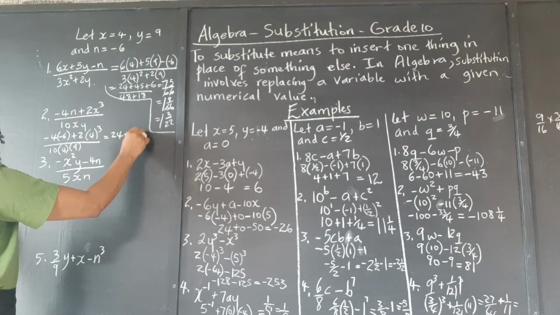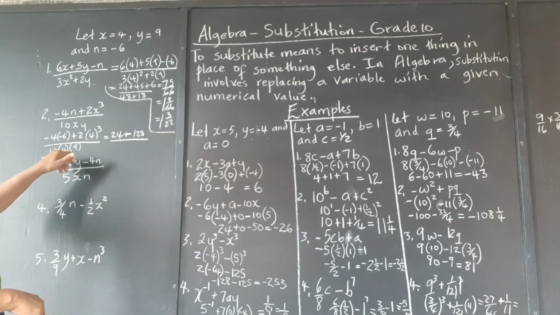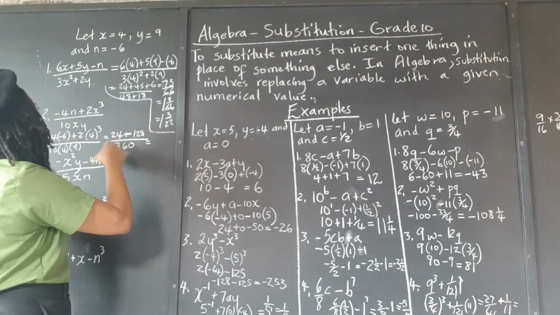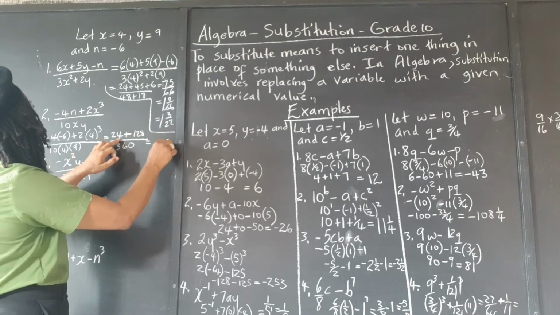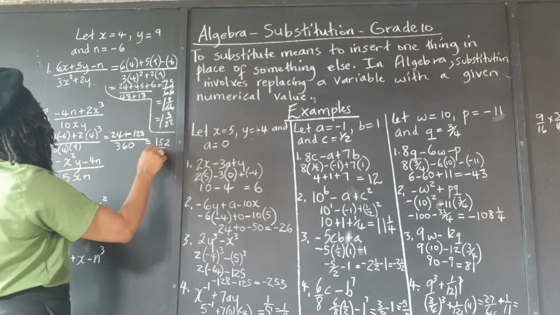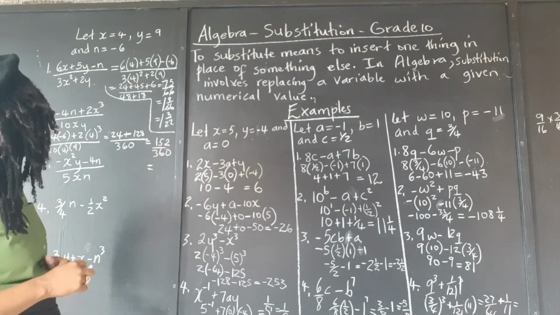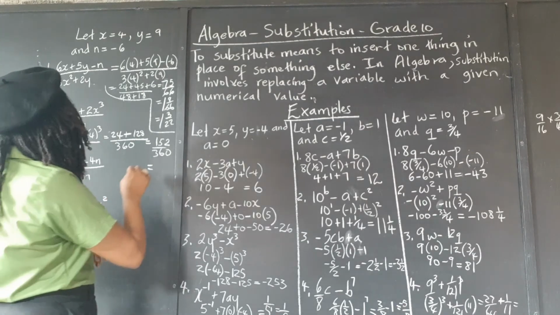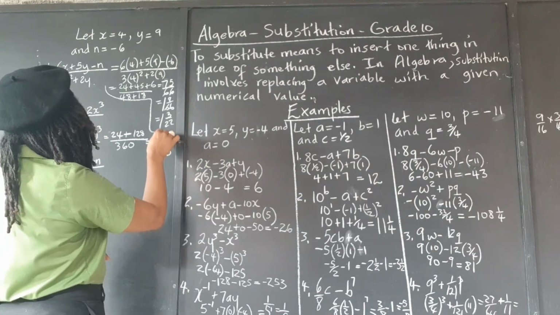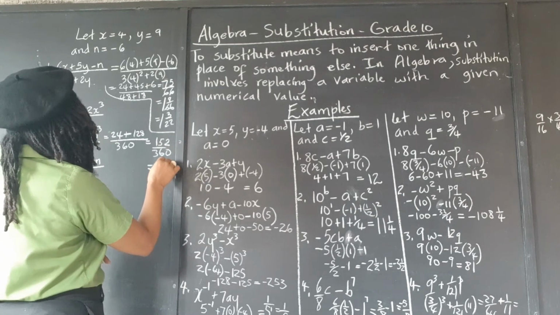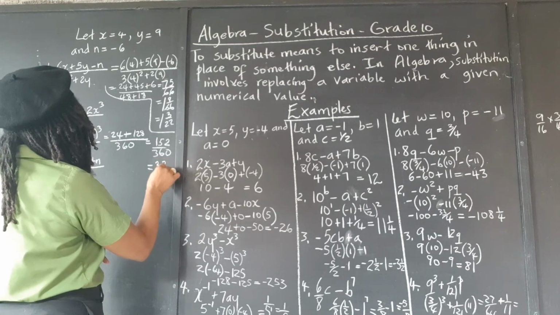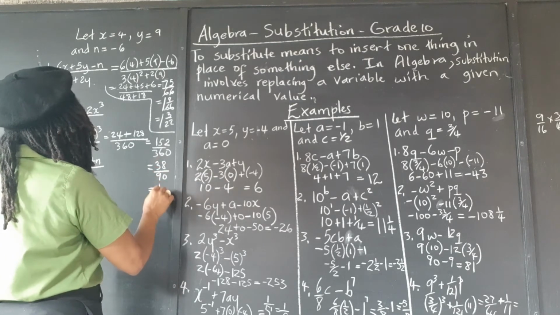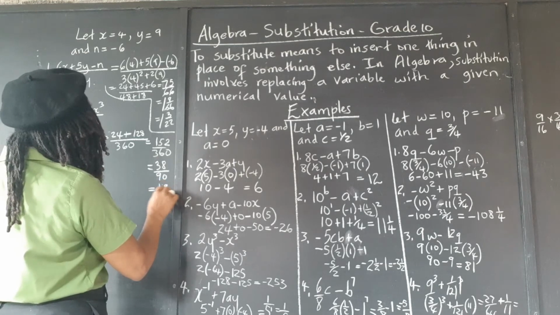So that's 128 over 4 9s 36 times 10 is 360. 128 plus 24 is 152 over 360. And this can be reduced by 4. Can it? 4 into 152, 38, and 4 into 360, 90. So that's 19 over 45.